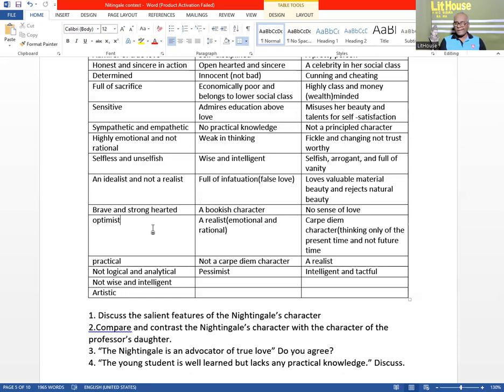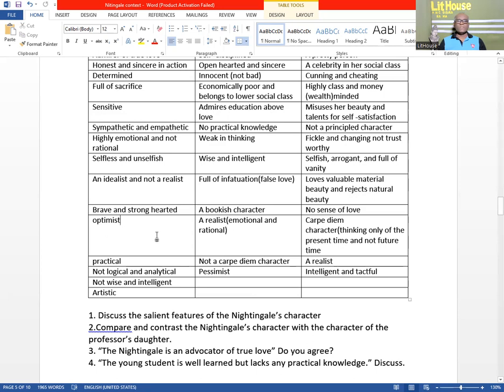Then you will be a successful person. If you run away from challenges, you are a failure. Right? The Nightingale shows us how to be a challenge-taking, risk-taking character. She takes the risk of creating the red rose.